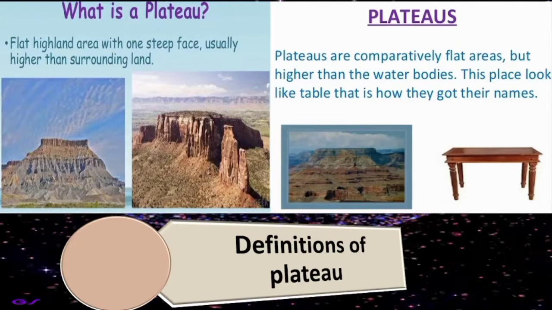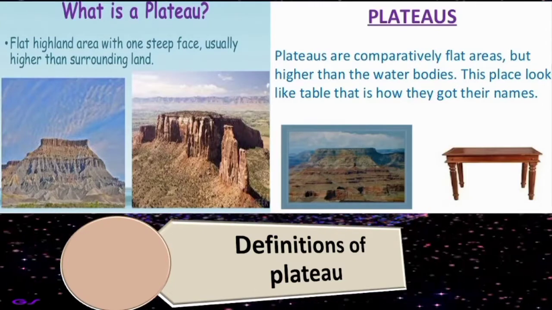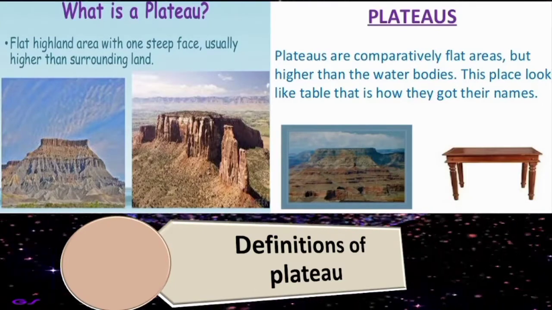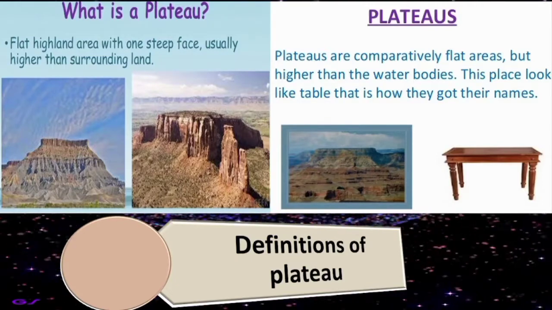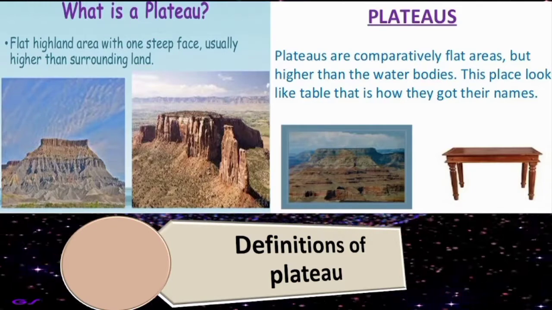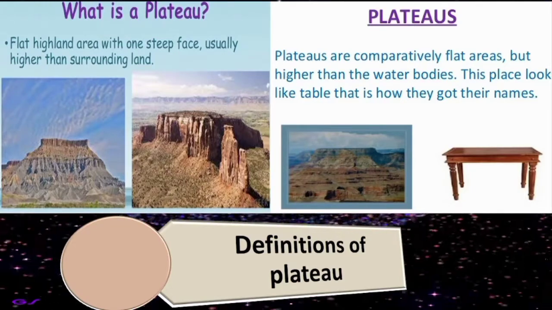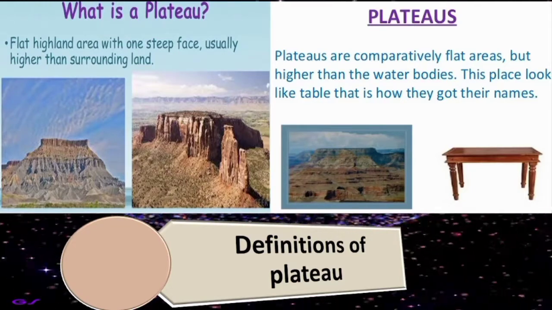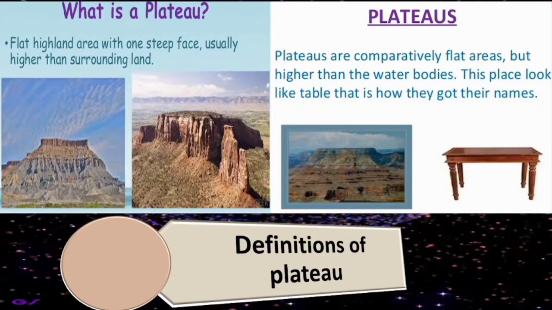Now, plateaus usually occur on every continent and they take up a third of the Earth's land. Plateaus are one of the four major landforms along with mountains, plains and hills.